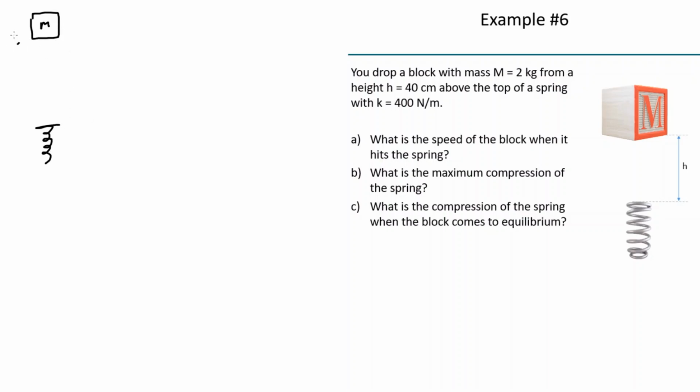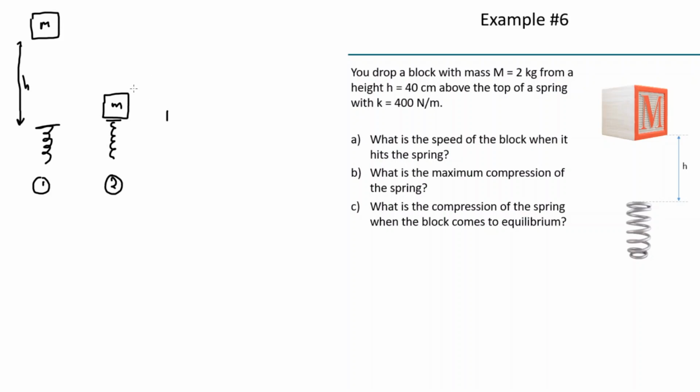And this block starts out a height h above the top of the spring. So I'm going to call this position 1. Then the block falls and hits the top of the spring. So we've got our spring here, like this, but the spring is uncompressed. I'm going to call this position 2.